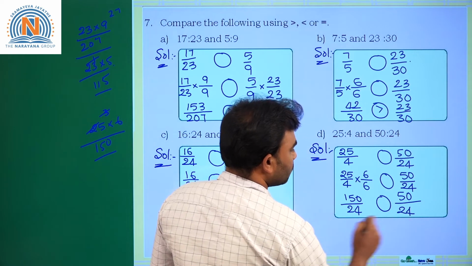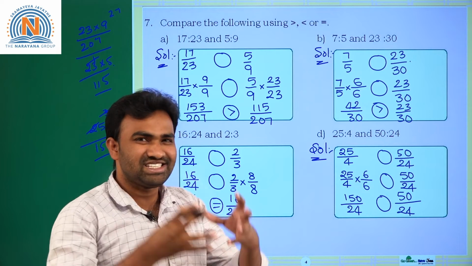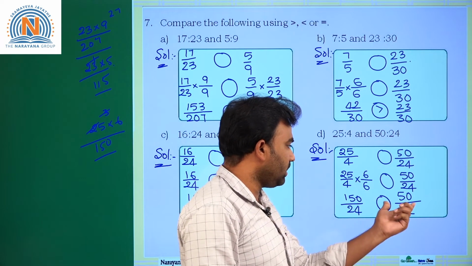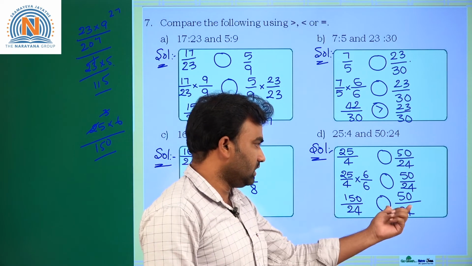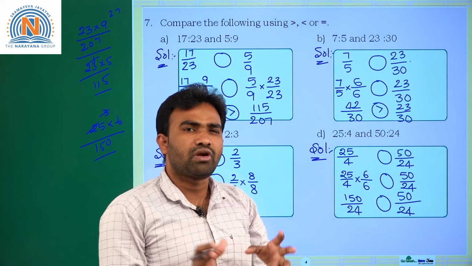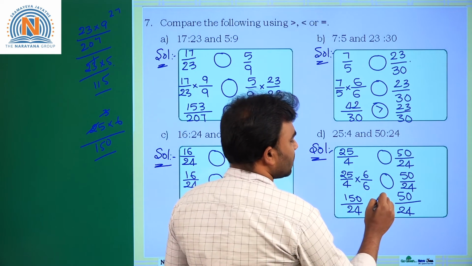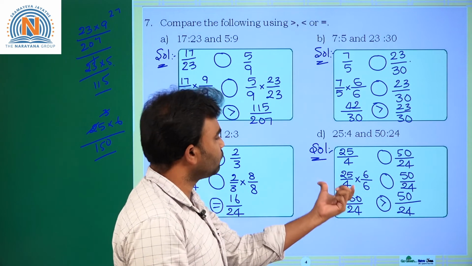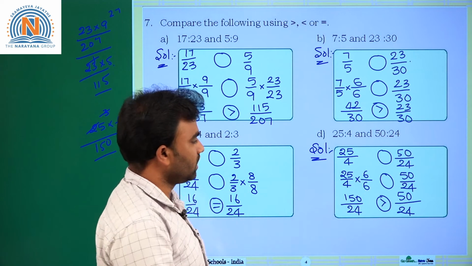Now compare, both denominators are the same, so comparison is easy. 24 and 24, and 150, 50. Now we can directly compare the numerators, 150 and 50. The greatest number among those two is 150. So 150 is greater than 50. Then we say that 25 is to 4 is greater than 50 is to 24.